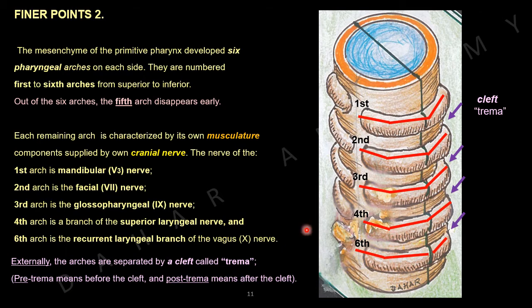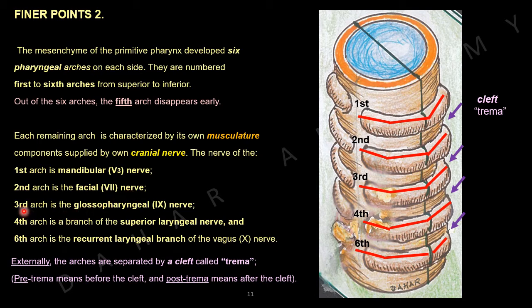Each remaining arch is characterized by its own musculature components supplied by its own cranial nerve. The nerve of the first arch is mandibular, the third division of the trigeminal nerve. The nerve of the second arch is facial, the seventh cranial nerve.